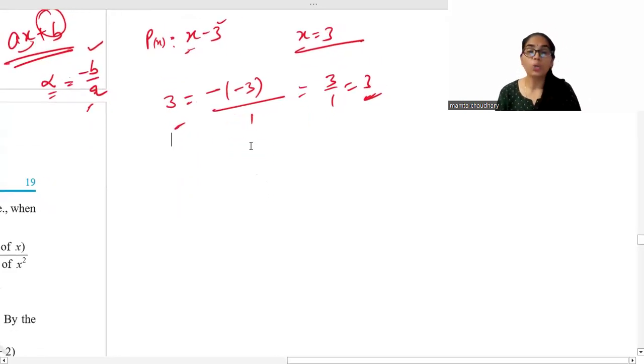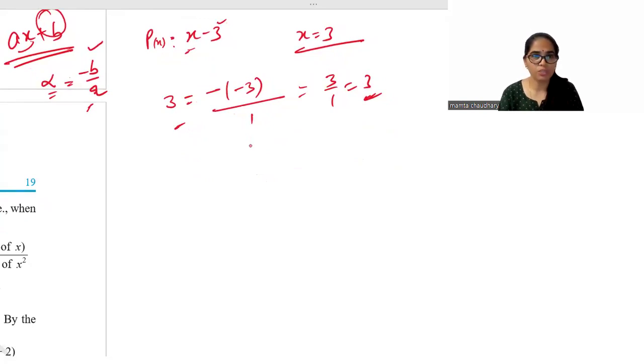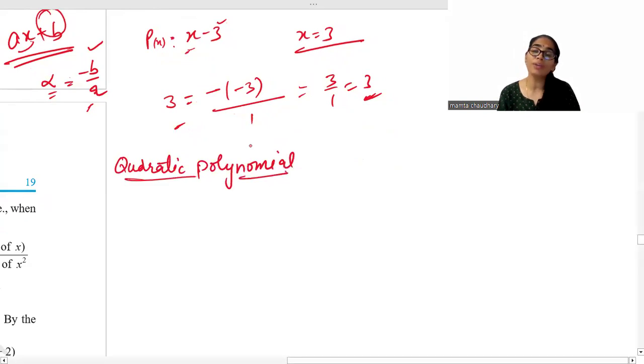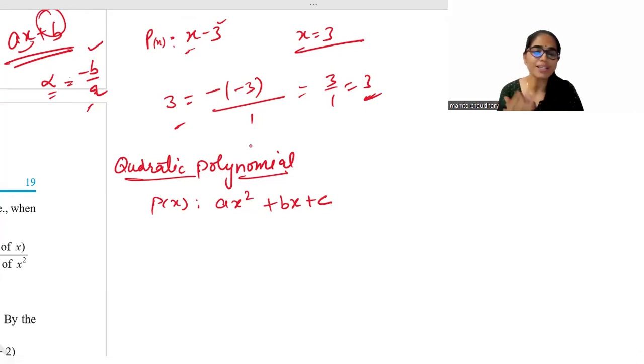Now let's move to the second one, the quadratic polynomial. This one was linear, now quadratic. A quadratic polynomial means the highest power is 2. The standard form of a quadratic polynomial in x is ax square plus bx plus c, where a is the coefficient of x square, b the coefficient of x, and c the constant.